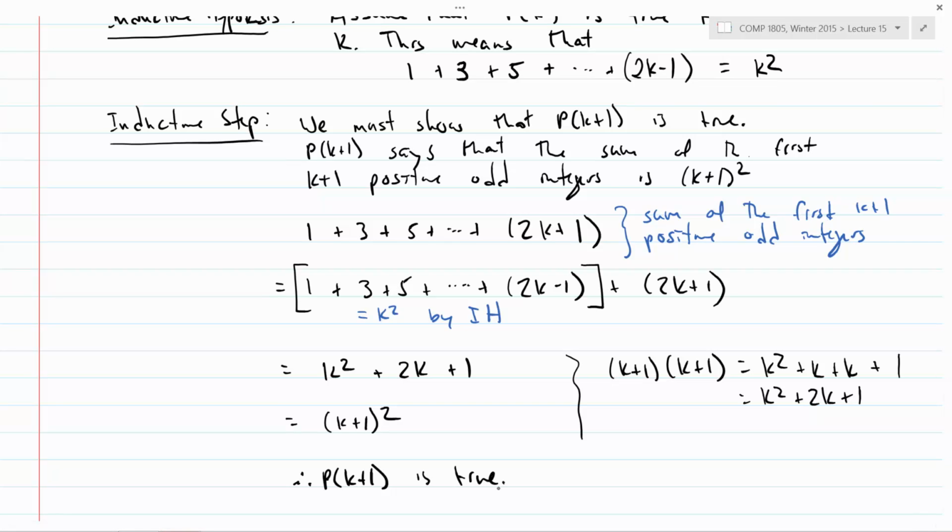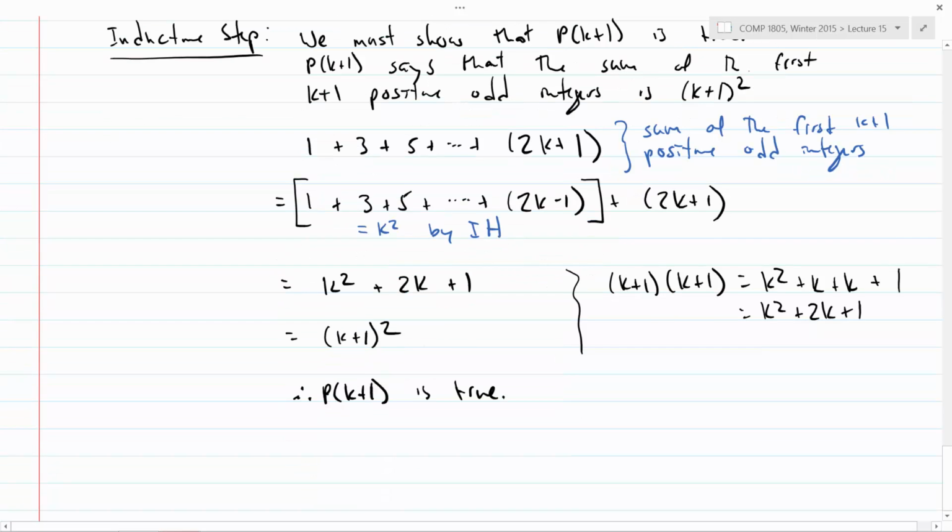That sum is exactly equal to (k plus 1) squared. Is this okay? So this is actually the entire proof. I'm now finished, so I would maybe say, since the inductive step is true and the basis step is true, therefore it must be the case that for all n, pn.